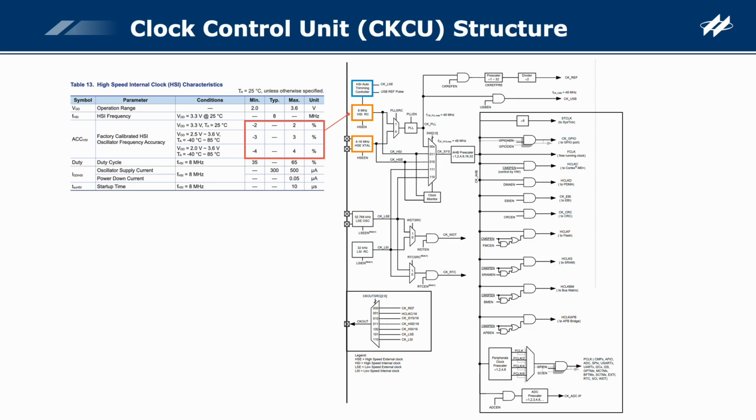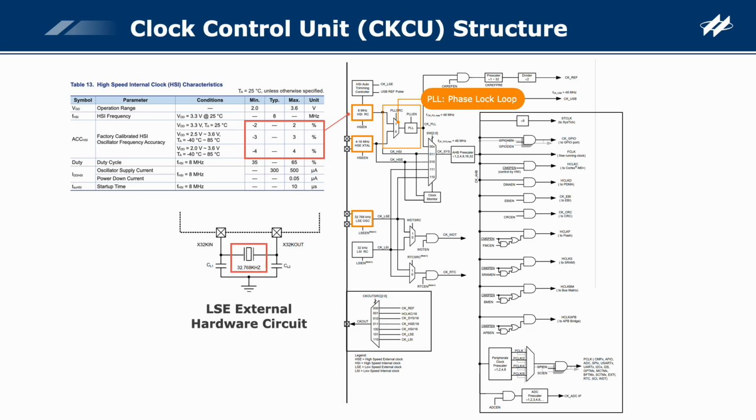The HSI frequency accuracy also can be calibrated via the configuration options, but it is still less accurate than the HSE crystal oscillator. The applications, the environments, and the cost will determine the use of the oscillators. Either the high-speed external crystal oscillator or the high-speed internal RC can be used as an input clock source for PLL.